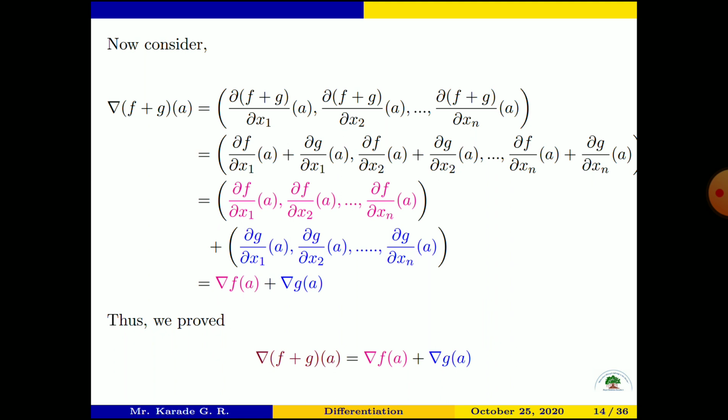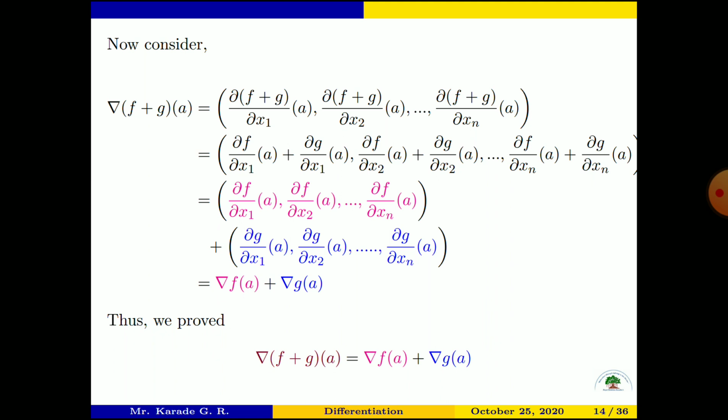This implies that this vector is nothing but the addition of two vectors.